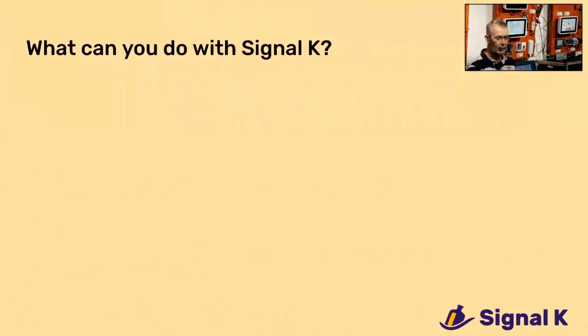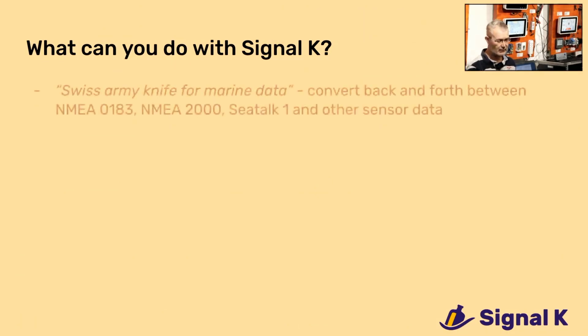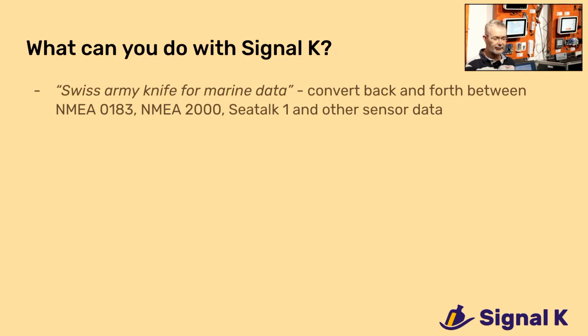But what can you do with Signal K? It's kind of a Swiss Army knife for marine data, since it's a model that can represent all the data that you have available. So if you have the data all in this one data model, then you can convert between the different formats.